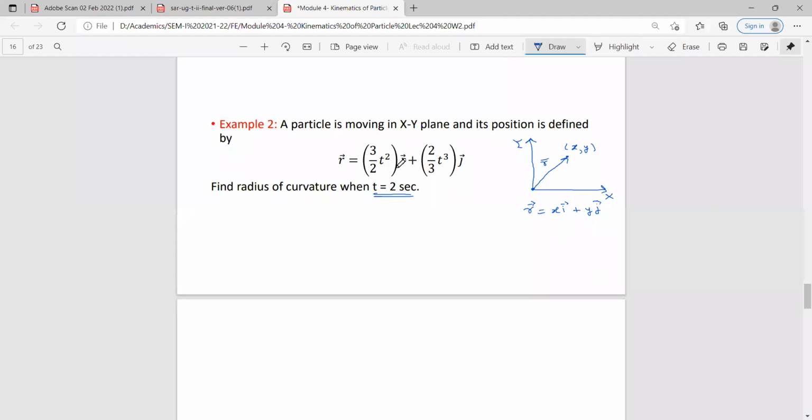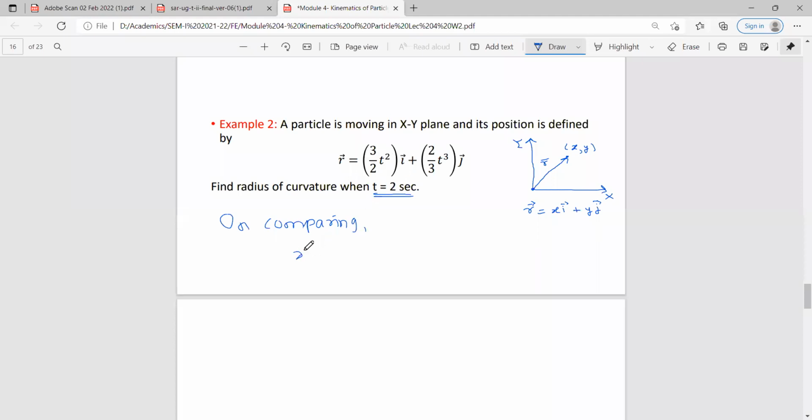Here, if we compare this equation with the position vector, on comparing we can write: this is nothing but our x.